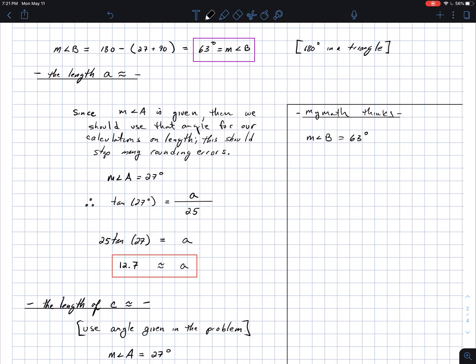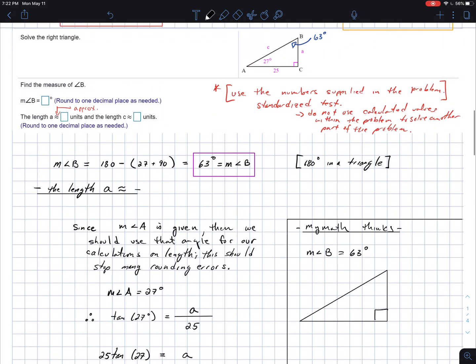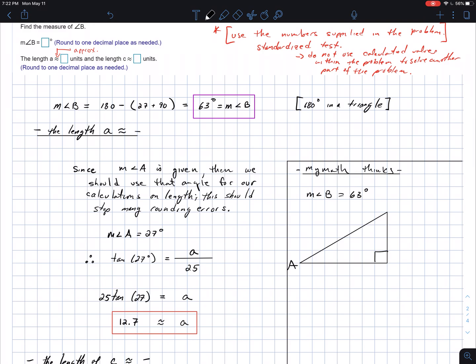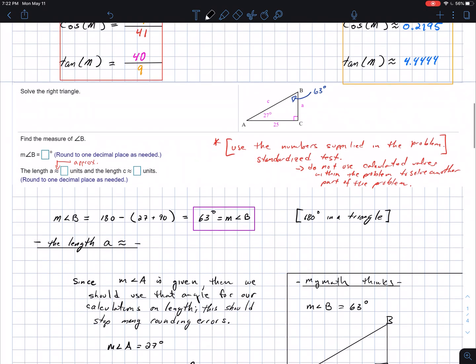Okay? So I'm going to do the problem out. I'm going to redraw it. So I have the basic right triangle that we have up there. I'm now going to put in the right angle, and I'm going to put in the information that was supplied. So this is A, C, B, and this was 25 units.